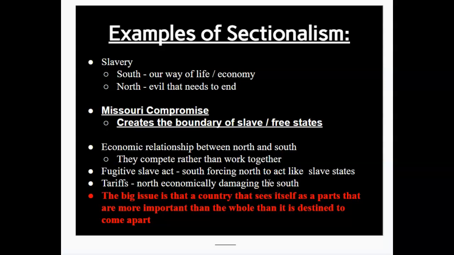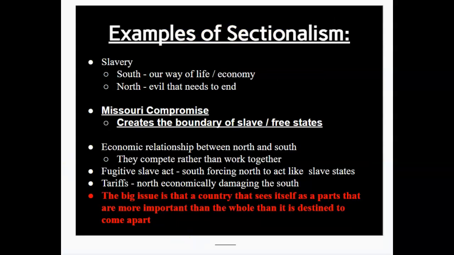They're only seeing how can we hurt the South and stop them from using slavery, or stop them from competing with the North economically, which is probably more likely. The big issue in the country is that both of these sides see themselves as more important than the country as a whole, and as a result, it's going to rip the country in half.